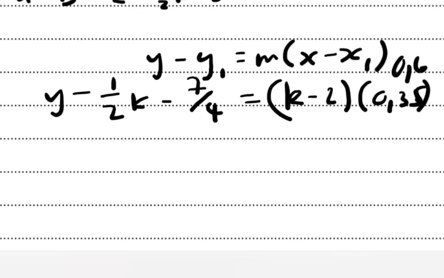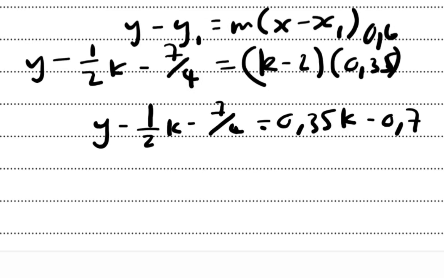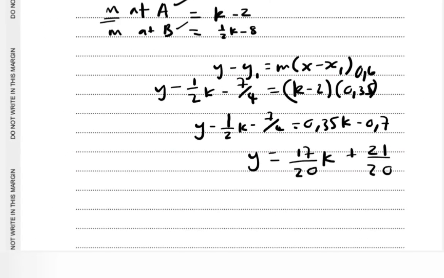So simplifying that, we get y minus half k minus 7 over 4 being equal to 0.35k minus 0.7. 0.35 times 2, and this will come down to be y is equal to 0.35 plus 0.5, that's our 17 over 20 k, then minus 0.7 plus 7 over 4, that's our 21 over 20.